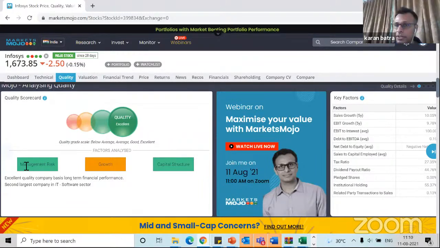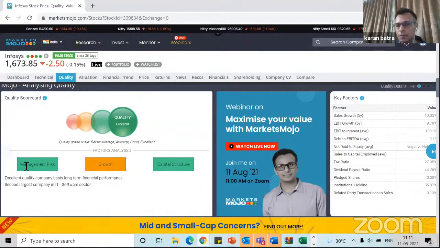Are the profits of the company real? Is it paying out dividends? Is it paying out taxes? What is the level of related party transactions in the company? We've also built in external parameters, like what is the level of institutional holding in the company? We also realized some time back, when we were looking at quality, so we keep looking at new factors that can be included to improve our quality parameter, that even though institutional holding might be high, in certain companies the domestic holding is very low.